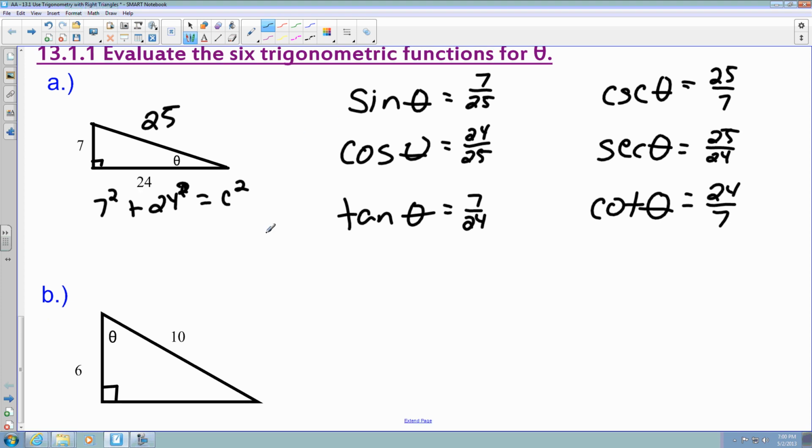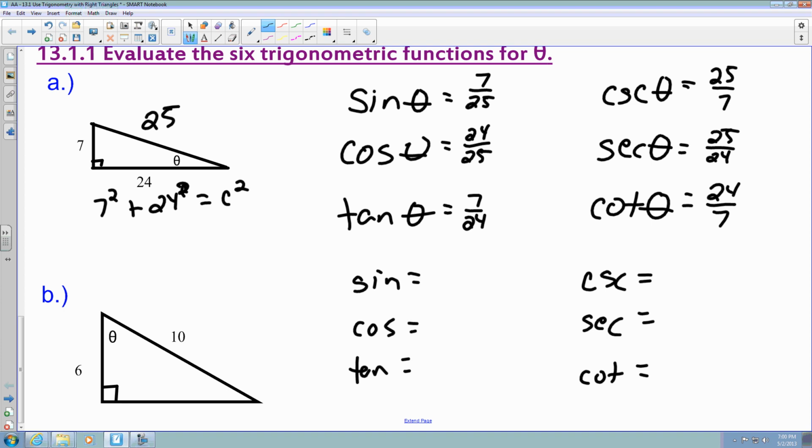Same thing goes for example B. I'm just going to find sine, cosine, tangent, cosecant, secant, and cotangent. Same thing as above.